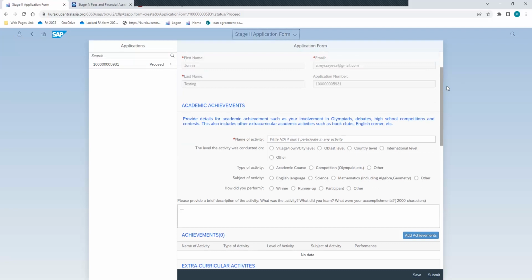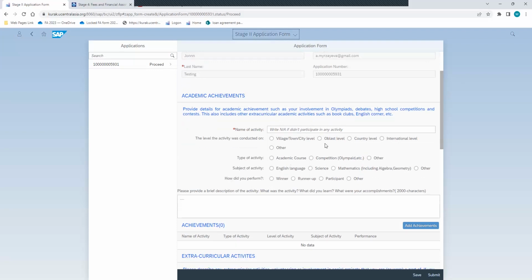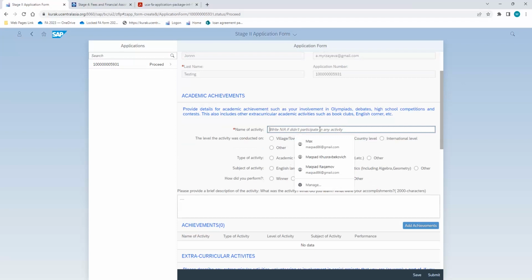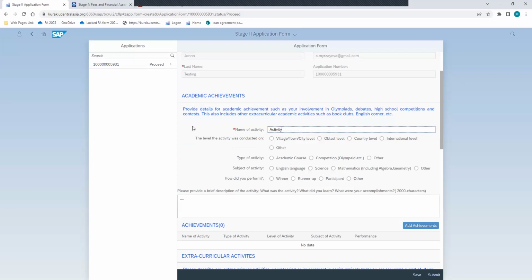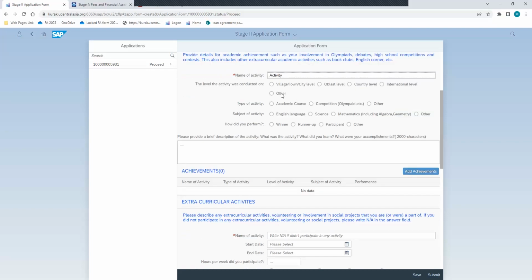So the first question here is your academic achievement. I will not enter deeply into these details because this is mostly not related to financial aid, but demonstratively, I will just write down something, let's say activity number 1, because you know your activities better, what kind of academic achievements there are for you. I will randomly choose some things like academic course or maybe English course.